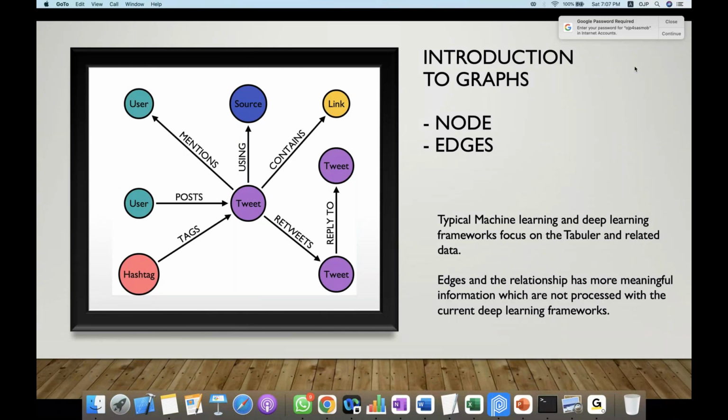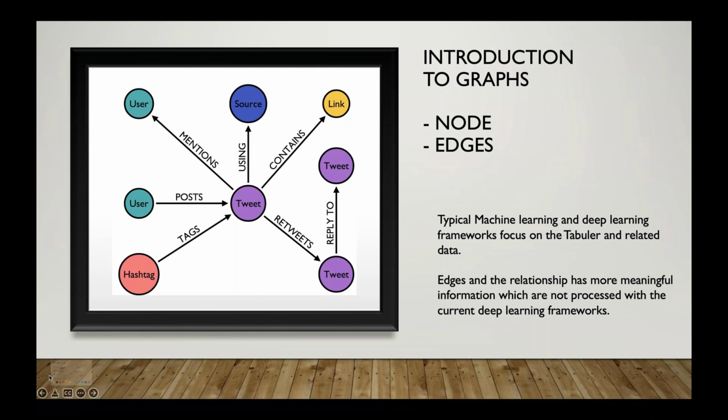And typically your graph consists of mainly two different items. One is nodes and another one is edges. The nodes are nothing but the items that you are currently seeing on the screen: this tweet is a node, and the user is a node, and the hashtag is a node. And these nodes are connected with something called edges. These nodes could have just a single feature, or they could have multiple features as part of that particular node.